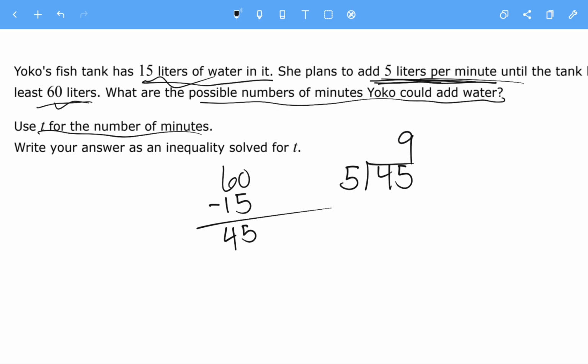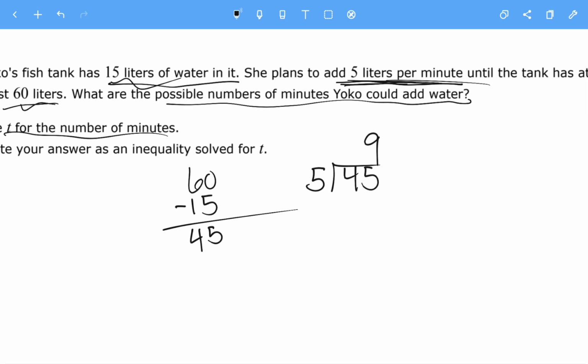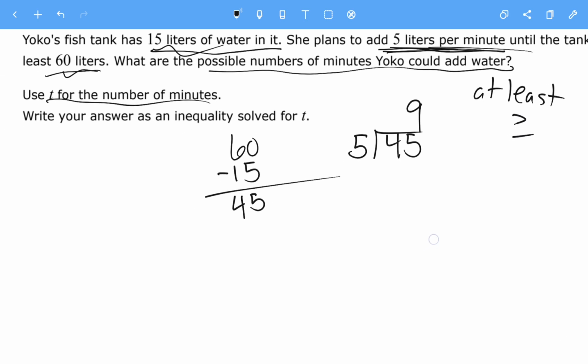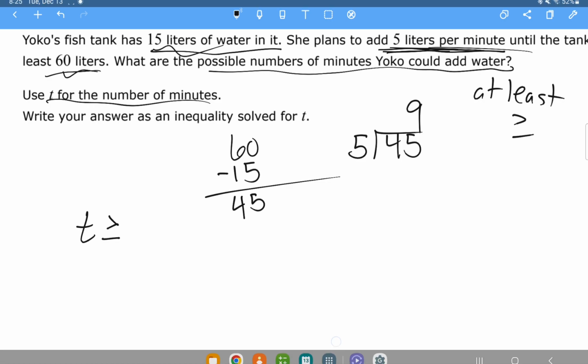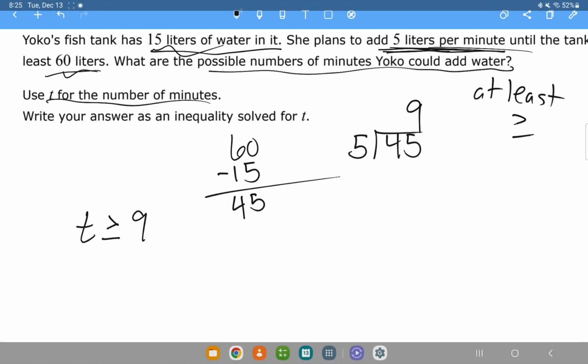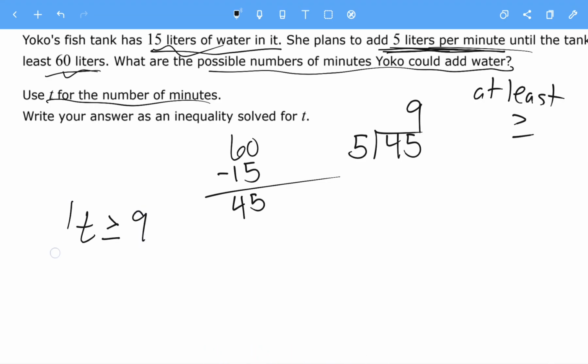So it's going to take at least 9 minutes. At least is greater than or equal to. So our inequality is going to be t, the number of minutes, is greater than or equal to 9. And that is our final inequality.